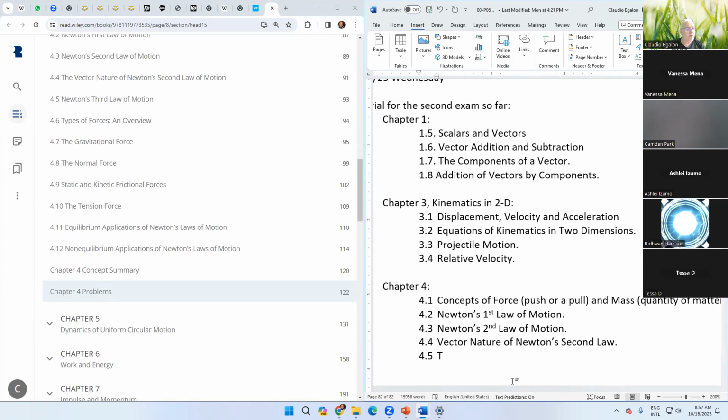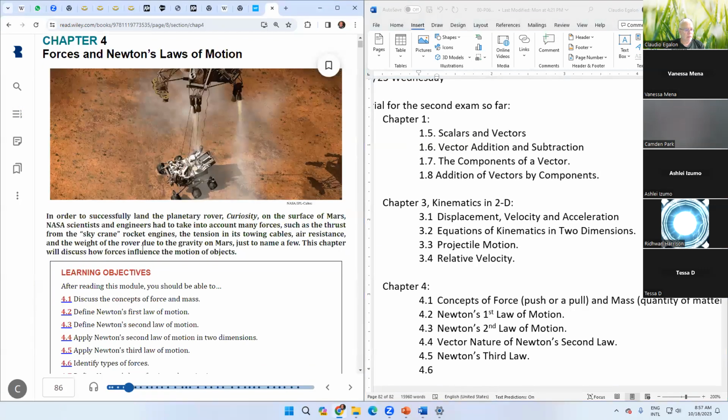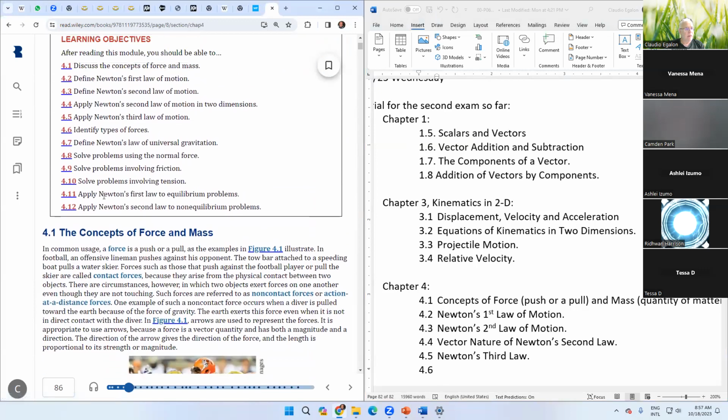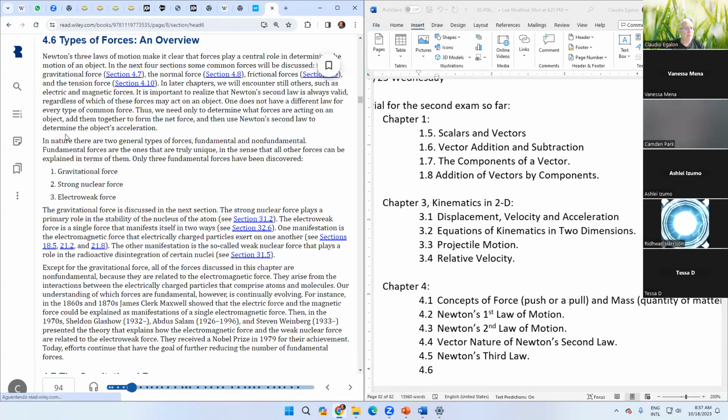Newton's third law. Okay, we cover Newton's third law as well. Types of force. Let's take a look here.